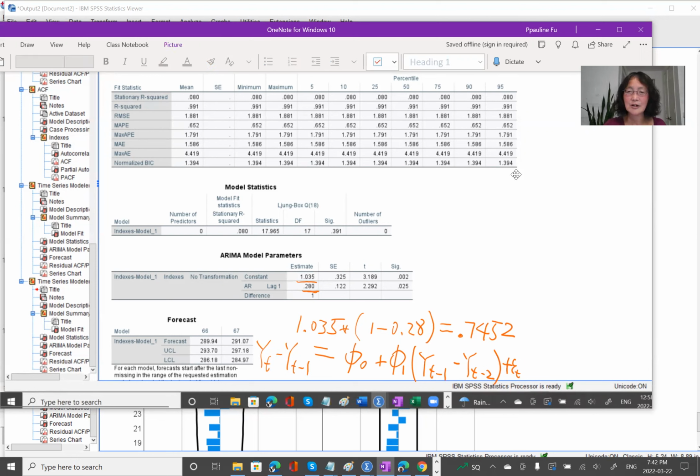This equation is a differenced form. The general equation should be YT equals phi 0 plus phi 1 YT minus 1 plus epsilon t.